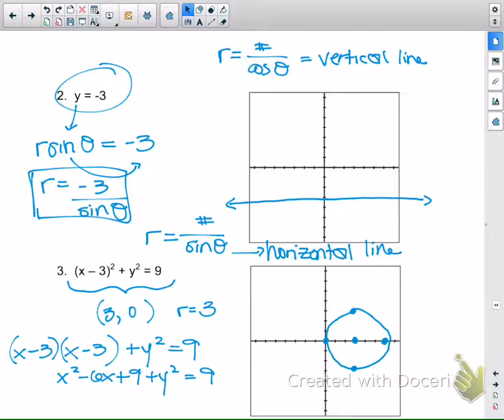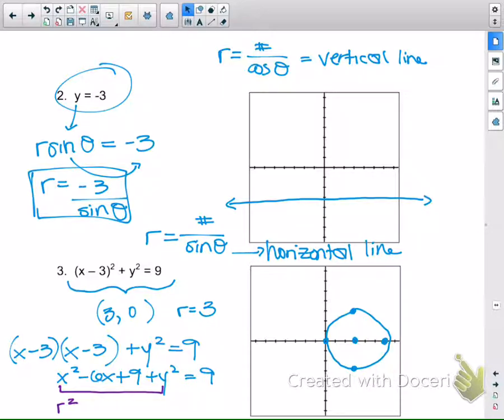Now, if I want to convert this to polar, I have to take out every x and every y. Easiest thing to do here to start with is what? X squared plus y squared is the same as? Good. R squared. So those change to R squared.